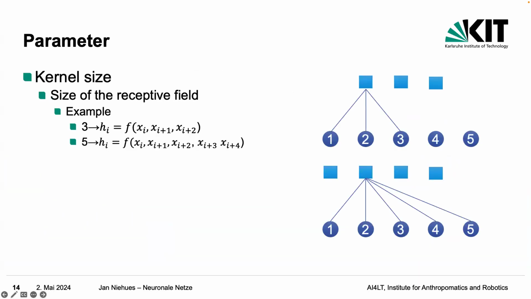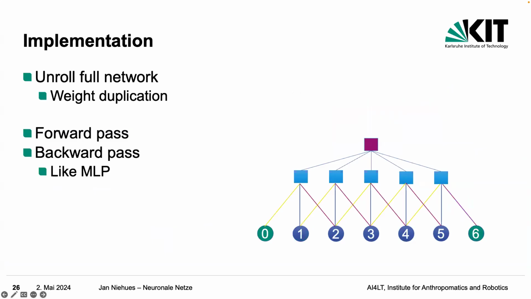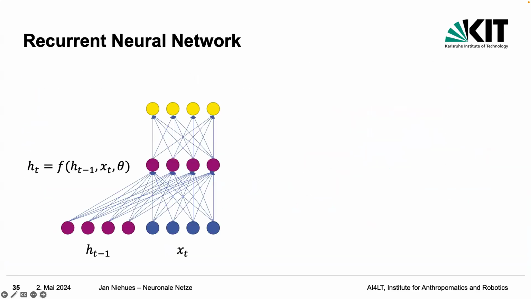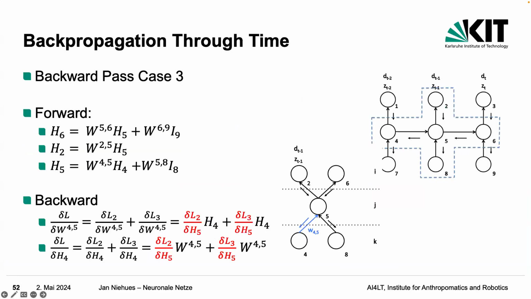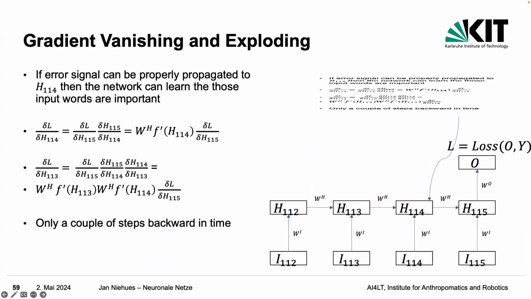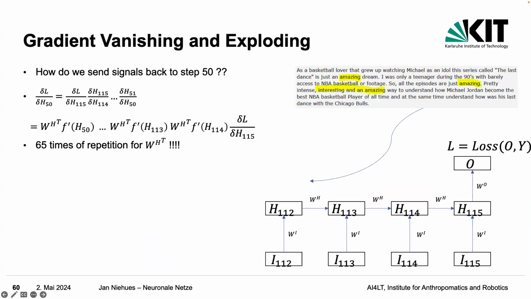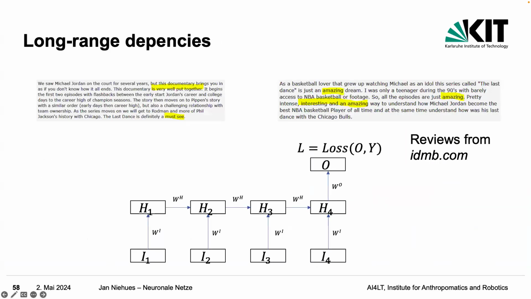We had this example of sentiment analysis, where we have to extract the sentiment at the end of the text, and especially if this is a long text, the problem arises that our sentiment at the end depends on text which is far at the beginning.